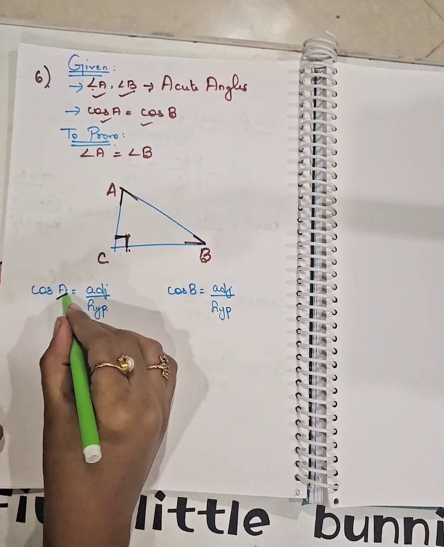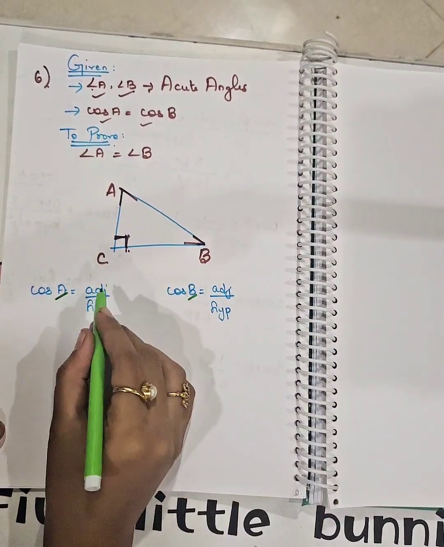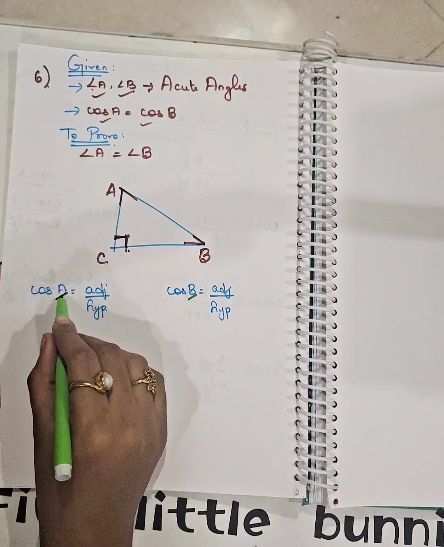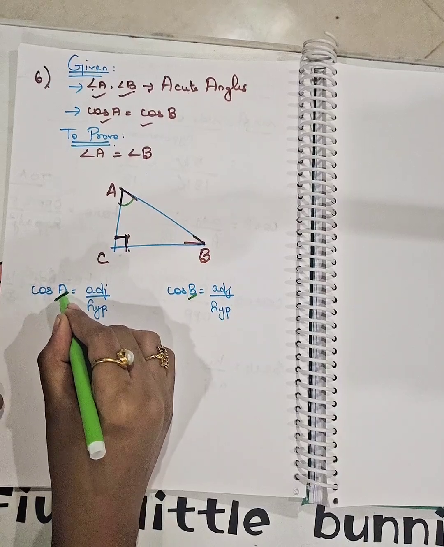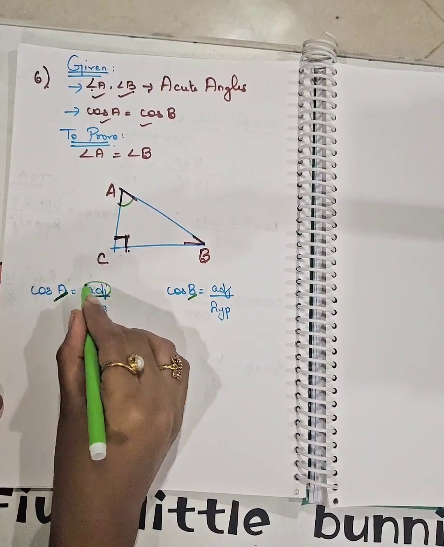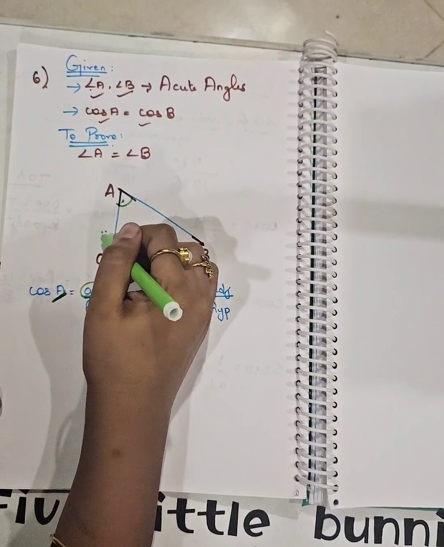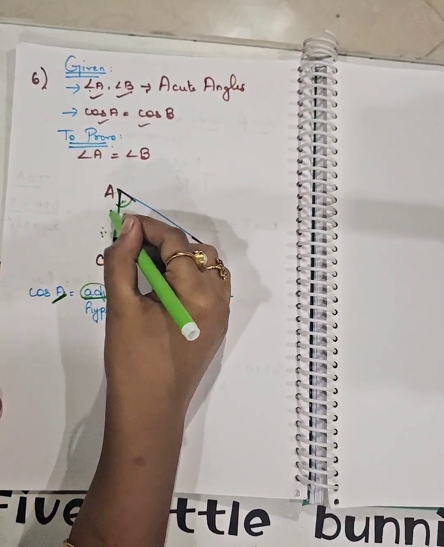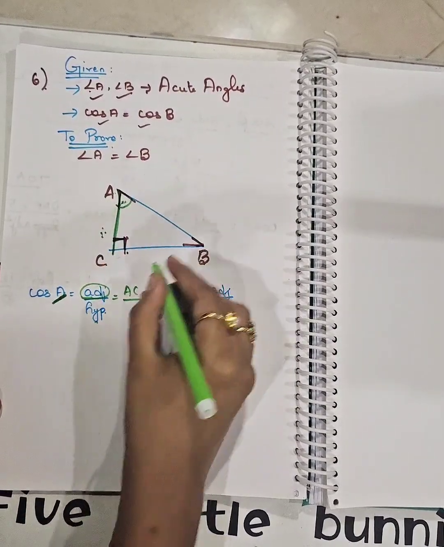Here angle A, here angle B. First let us take angle A, the side which is adjacent to angle A. AC is adjacent, means next to angle A. So AC divided by which is hypotenuse?